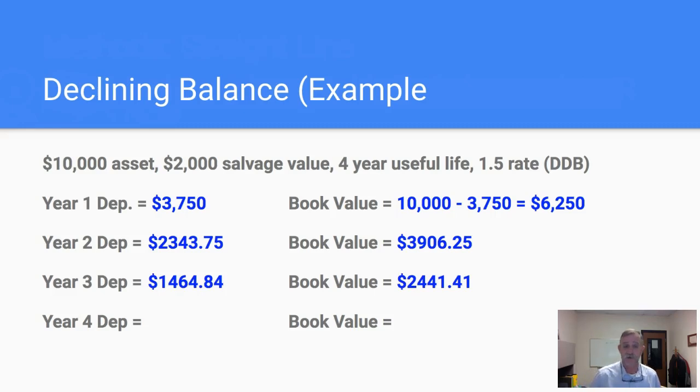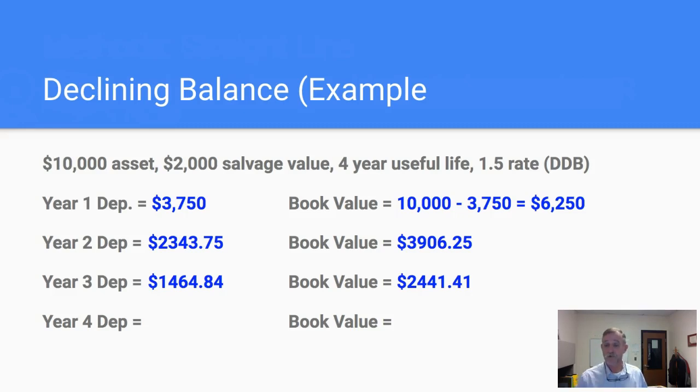Okay, so in year 4, if I use that 0.375, I get depreciation of $1,464 and some change, and I get my book value to $2,441.41. Okay, now that's getting awful close, and we only have 1 more year of depreciation on this particular asset.